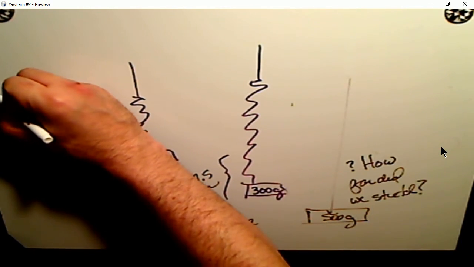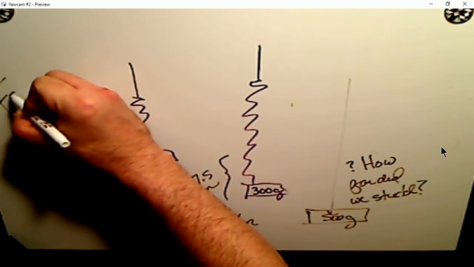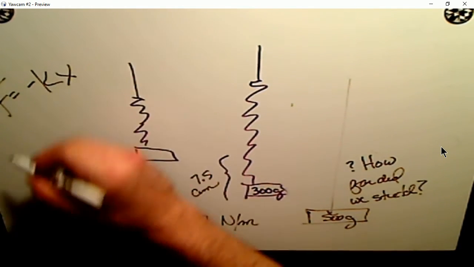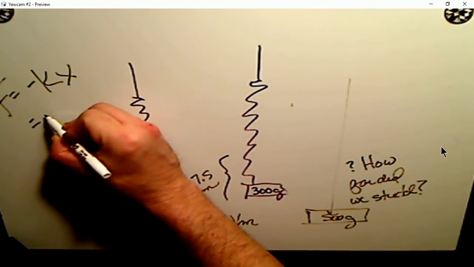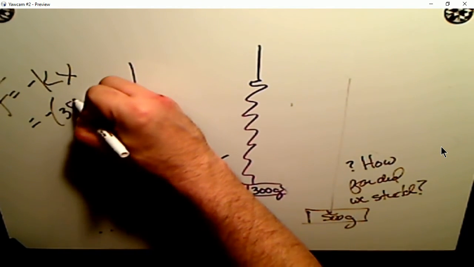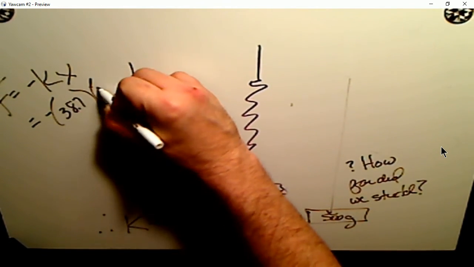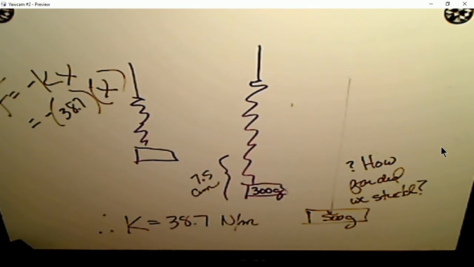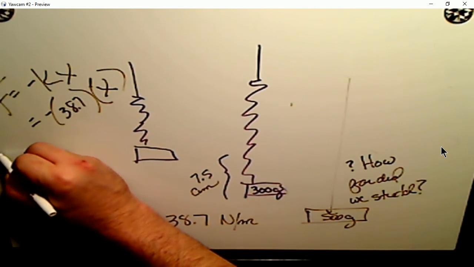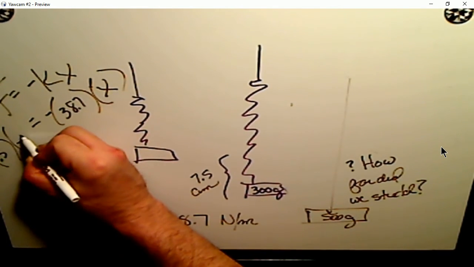So I can write down force is equal to negative kx. We're trying to get the x value. And we know the force is 0.5 times negative 9.8.